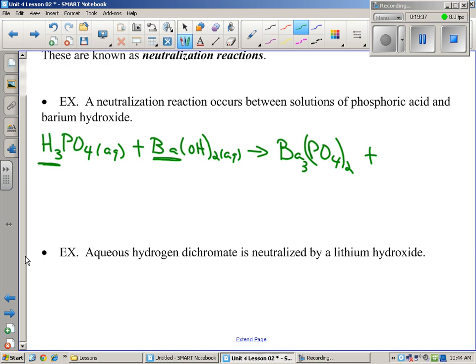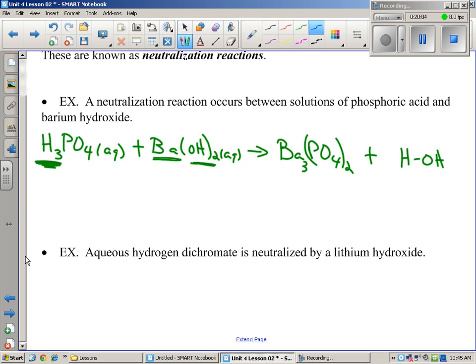Look, H and OH go together to give you water. I would suggest writing it like that. It's going to make it way easier to balance. Now, if you want to write water, I'm not going to stop you. That's great, okay? But it makes it way easier to balance if you do it this way.